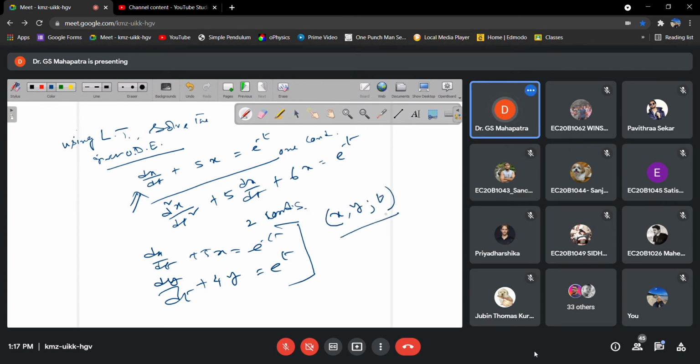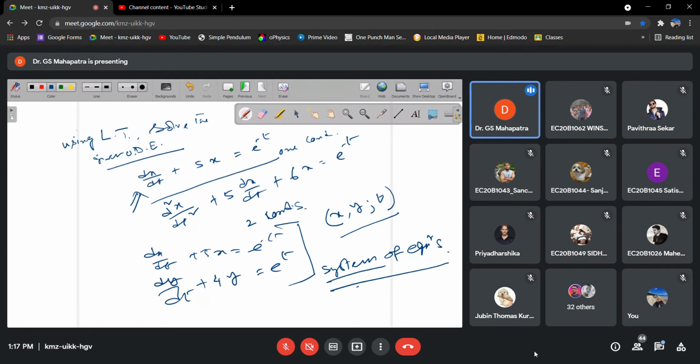So x and y are the dependent variables and t is the independent variable. This set of equations is called a system of equations. Now we will study how to solve the system of equations.